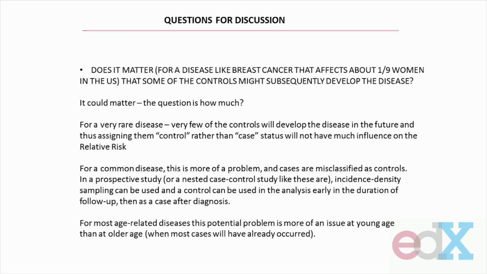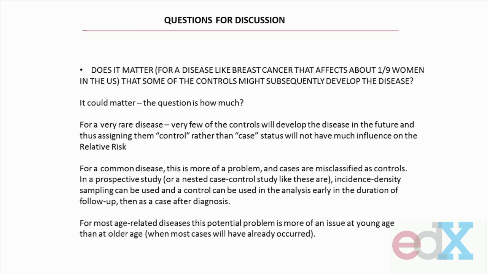So in a prospective study, if we can follow people over time and analyze it as a cohort study or a nested case control study like the studies that we're talking about here, we can use incidence density sampling to deal with the fact that controls may become a case. So early during the period of follow-up, somebody may be a control, but they may actually contribute to person-years of follow-up as cases if they get diagnosed later in the follow-up.